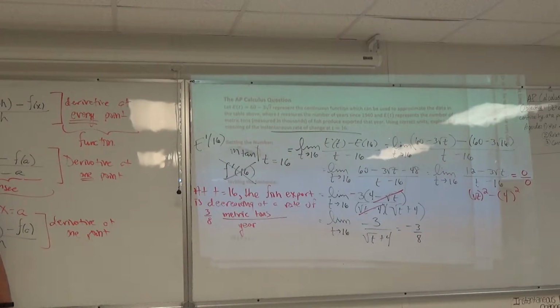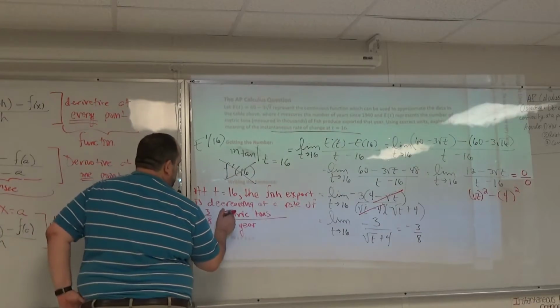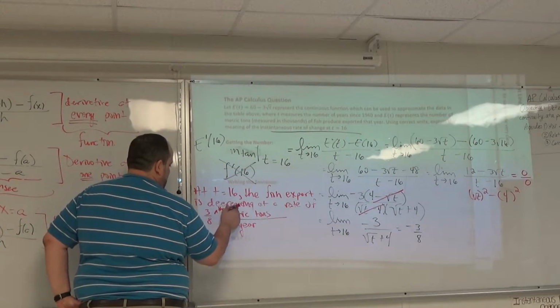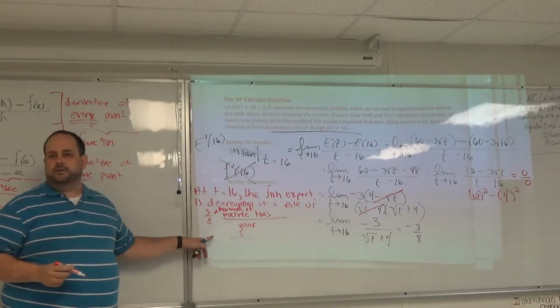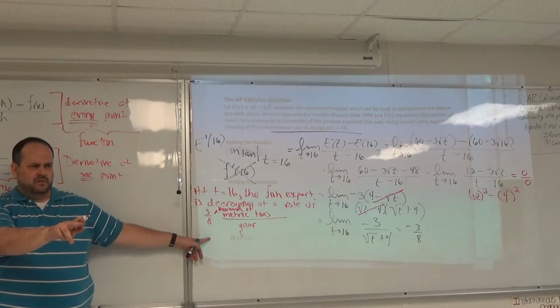It's not metric tons, it's thousands of metric tons per year. Myra, that was an awesome sentence. You had all the right pieces. You threw me in the beginning when you started with a t equals negative something. The only thing missing is thousands of metric tons per year. We get this under control?